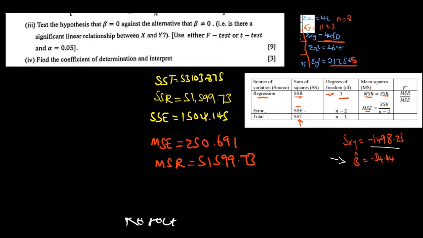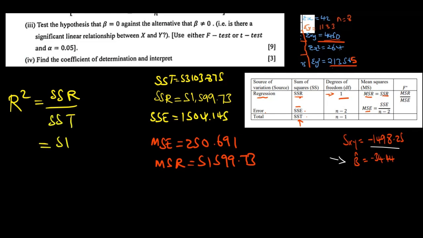So the last one, we are calculating the coefficient of determination. The coefficient of determination is equal to SSR divided by SST. So SSR is just 51,599.73, and I'm going to divide this by SST, which is 53,103.875.